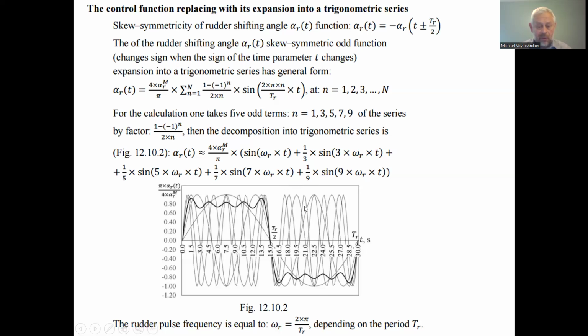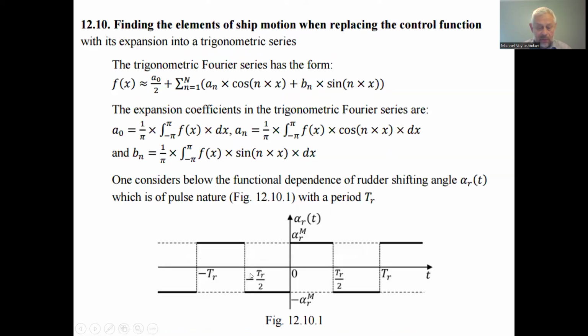The frequency of turning of the rudder we can find here as 2 pi divided by the period of turning the rudder. The period of turning the rudder we have here as from minus Tr divided by 2 to Tr divided by 2. This is the period of the rudder turning.